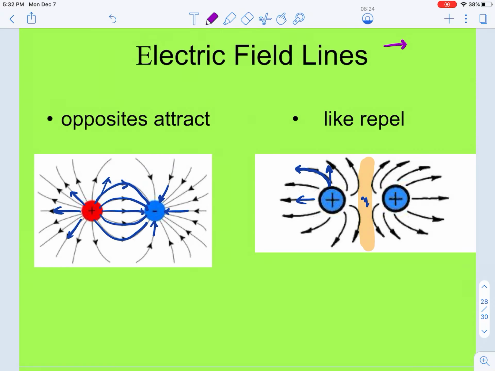So I need you to understand, let's just kind of review. Electric field lines. We are going to illustrate electric field lines with straight line vectors. There is a specific direction. We are going to point away from positively charged particles or objects, and we are going to point towards negatively charged particles or objects. We see that like charges repel.